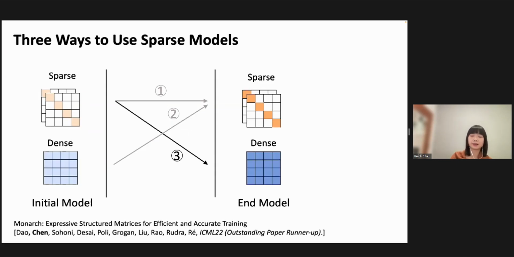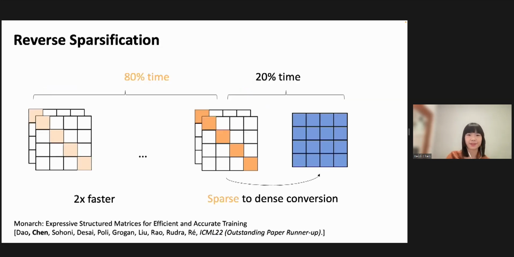And the last way is sparse to dense through the reverse sparsification. In this process, we can start with a sparse model, say train 80% of the time, and then transition to the dense model to finish.